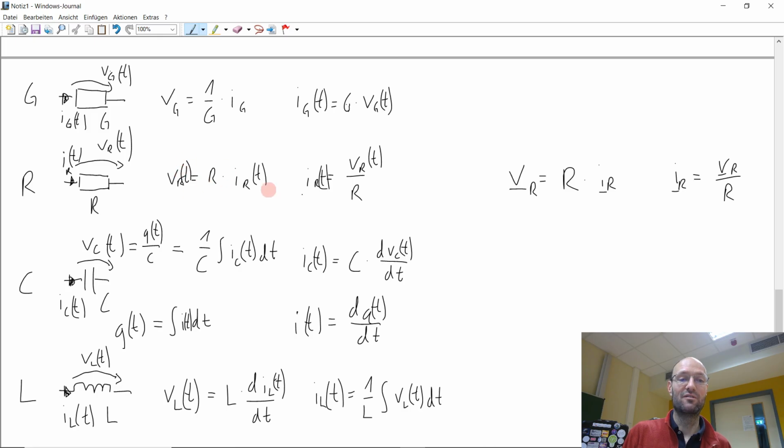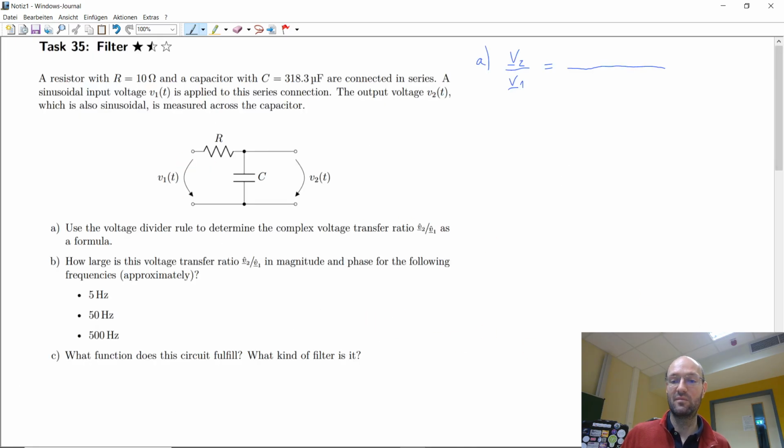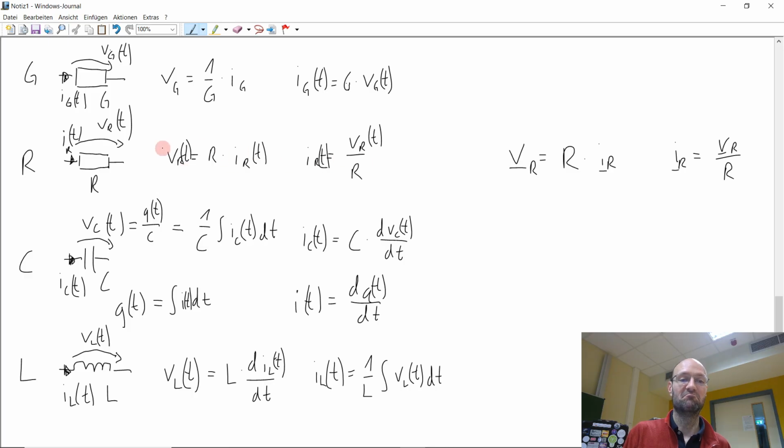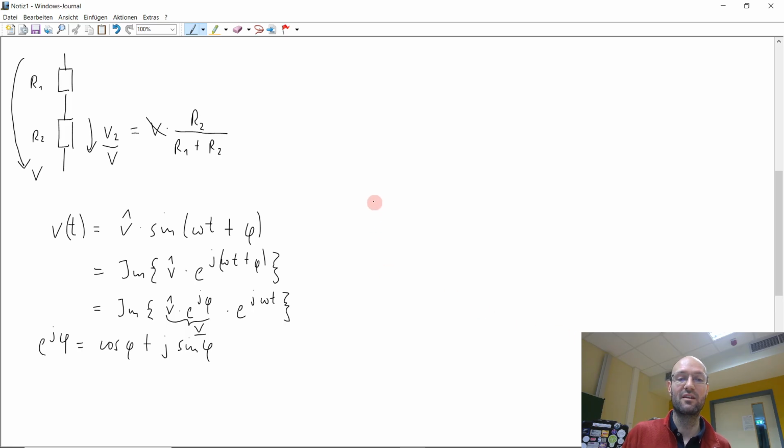If you would insert this equation into Ohm's law, nothing really changes, and that's why we can just write down the very same equation with phasors. But now we have some time derivative. So if we would now calculate the time derivative of our voltage function, what happens?